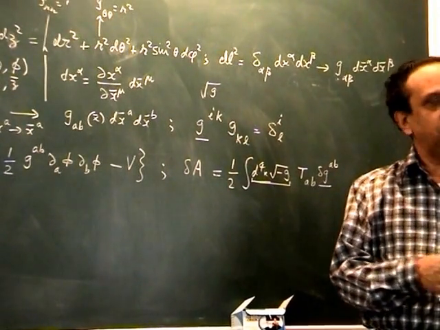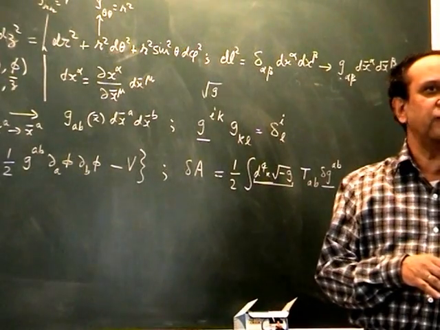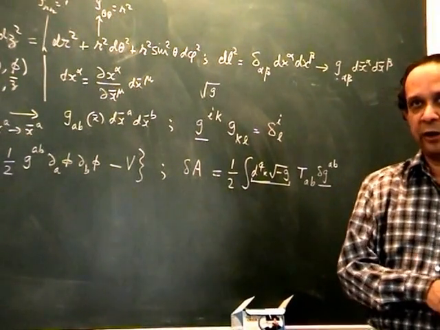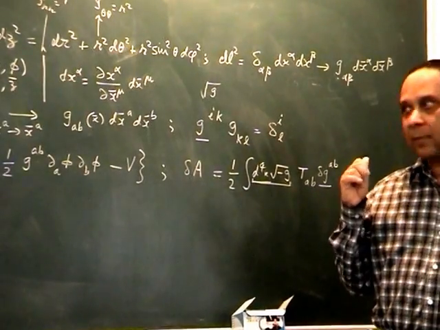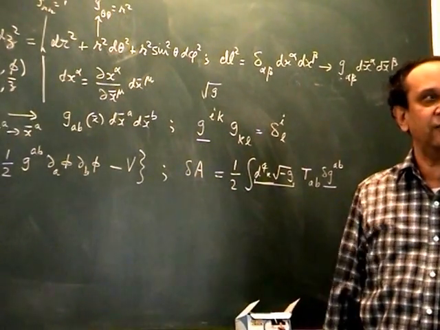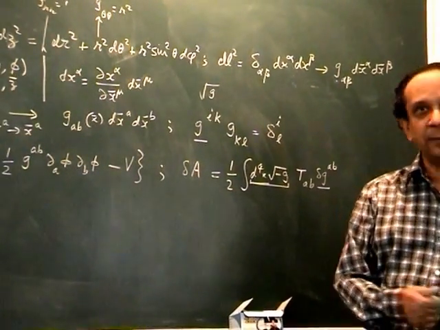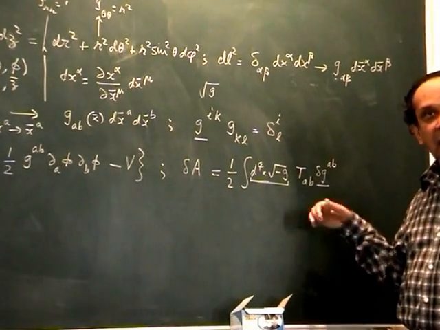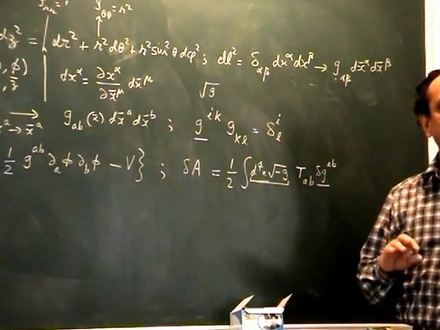When you do that, there is an action for gravity that you vary, and that will give you something like ∇²φ for the gravitational potential. Then you are going to vary the matter action. Suppose there is a scalar field which is producing the curvature in spacetime. When you vary the matter action with respect to G_AB, it will produce something, and this is going to act as the source of gravity.